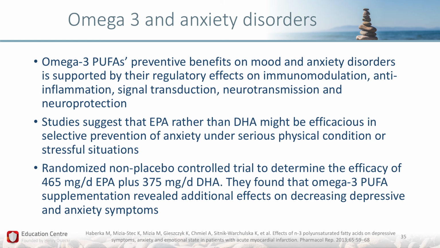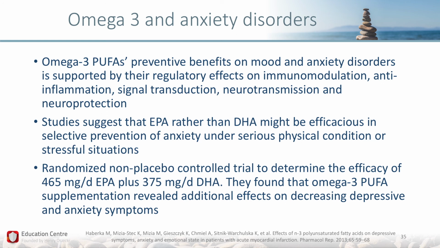Omega-3 helps with that. Studies do suggest that the EPA fraction is probably the one doing more of the impact. Researchers want to break down whether it is EPA or DHA, even though all fish has a combination of various levels of both. They found that the EPA fraction is probably the one having more impact on anxiety.